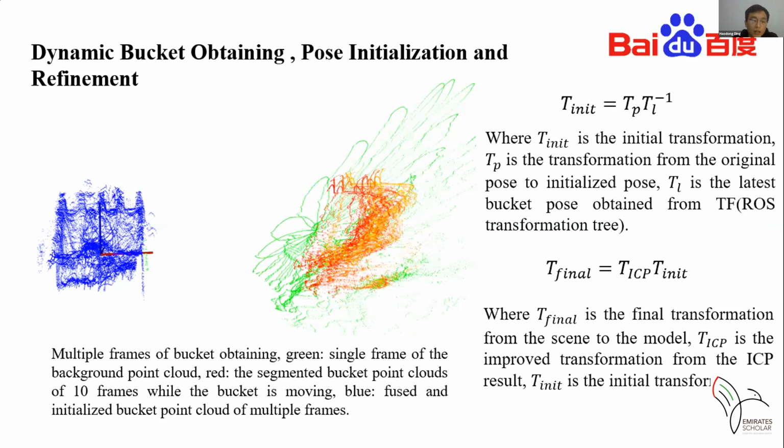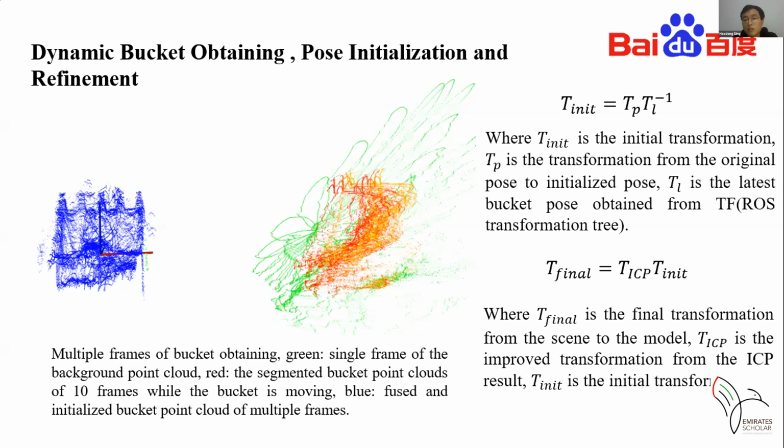We first scan and save the empty bucket point cloud as a model offline and obtain the bucket with mass point cloud online. Then transform the bucket with mass point cloud to the model with T init, where T init is the initial transformation and TP is the transformation from the original pose to the initialized pose.